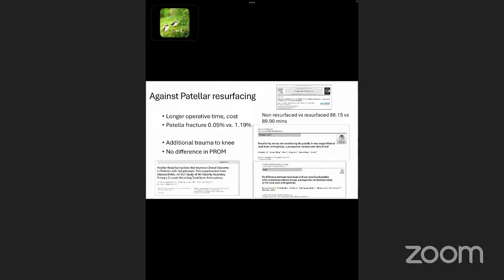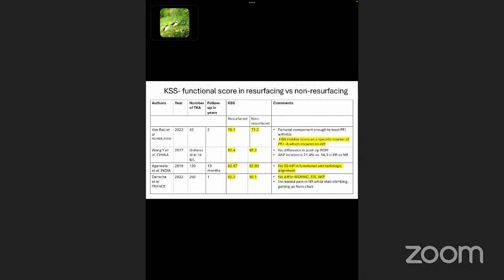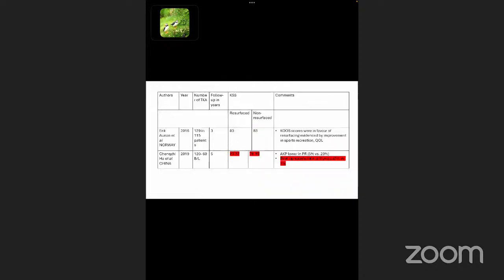They say that the patients who have moderate to severe pain have a greater likelihood of post-operative knee pain, and there is no association between patellar resurfacing and the outcome. Another controlled trial on selective resurfacing found no difference in the knee score or survivorship. And he says the majority of patients remain satisfied irrespective of resurfacing.